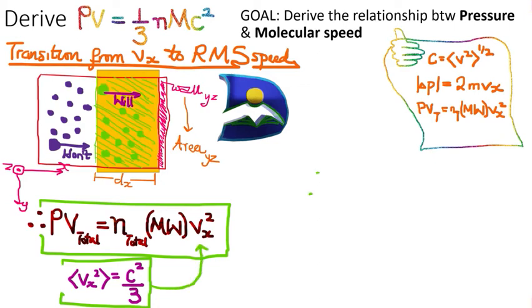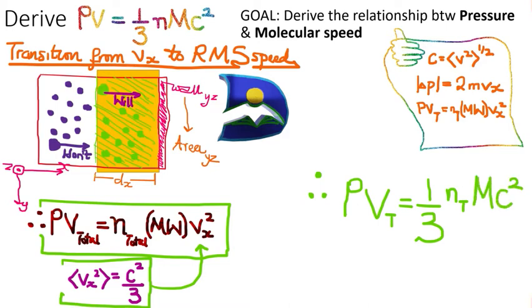Therefore, once we have this established, we can determine our original goal, which is to determine the direct relationship between pressure and the molecular speed, which in this case is P multiplied by the total volume, and this here is equal to 1/3 of the total number of moles multiplied by the molecular weight and multiplied by the root mean square speed all squared.